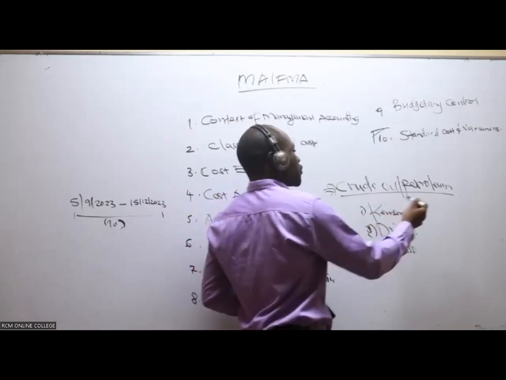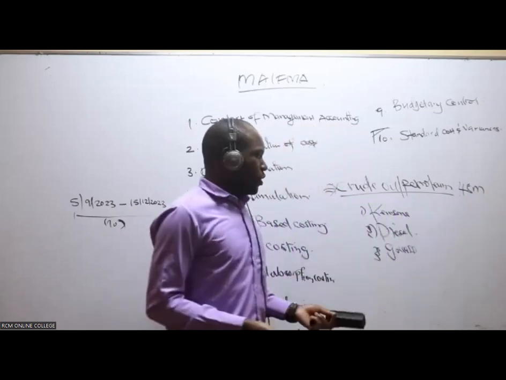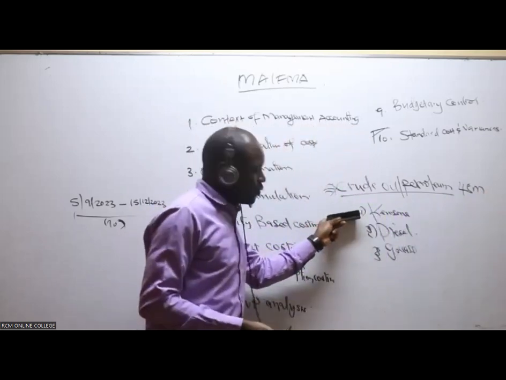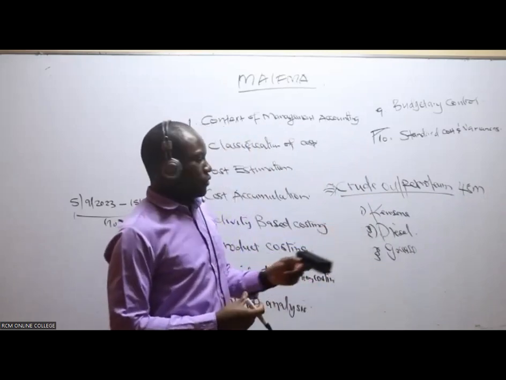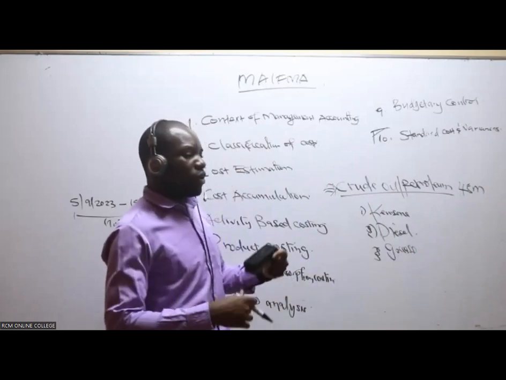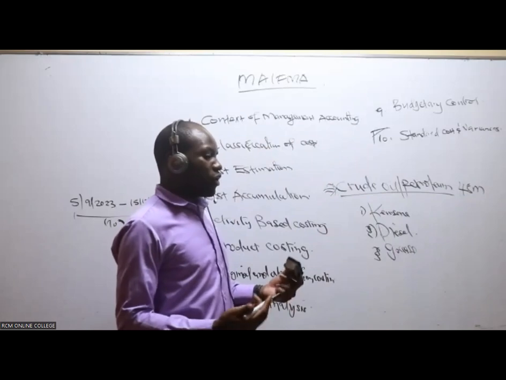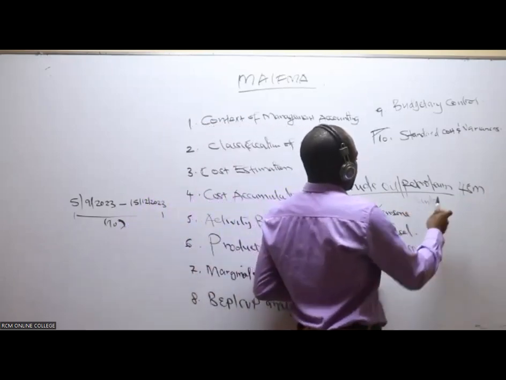Now, if the input was costing 45 million, how will I know that kerosene will take 10 million, diesel will take 20 million, and this one will take 10 million or 15 million? How will I compare the units of output?